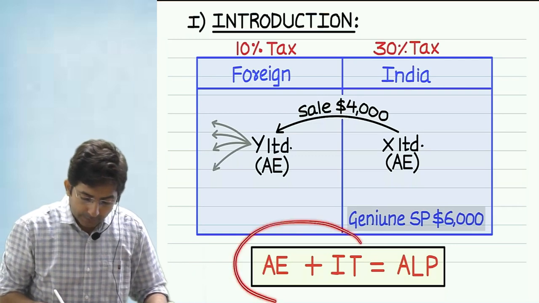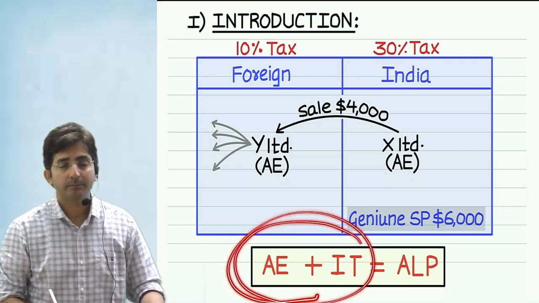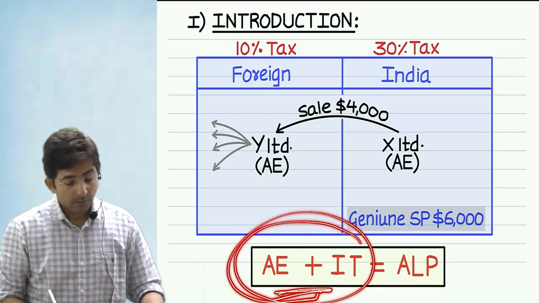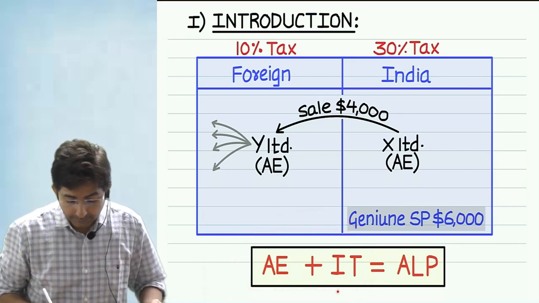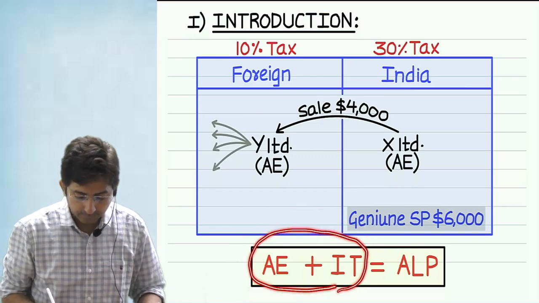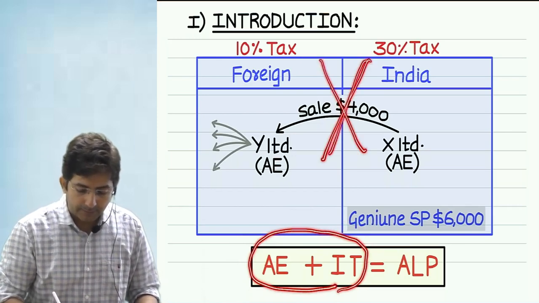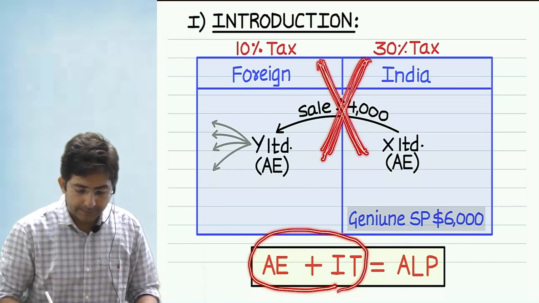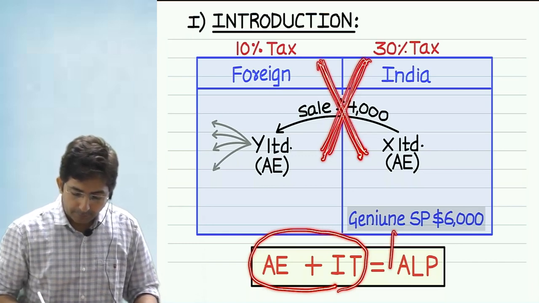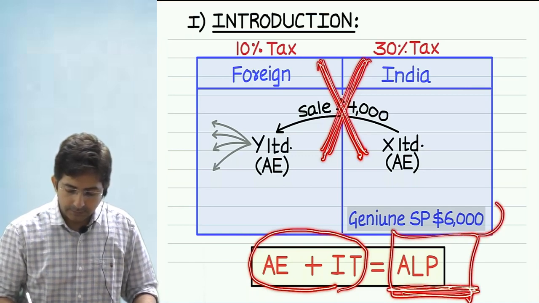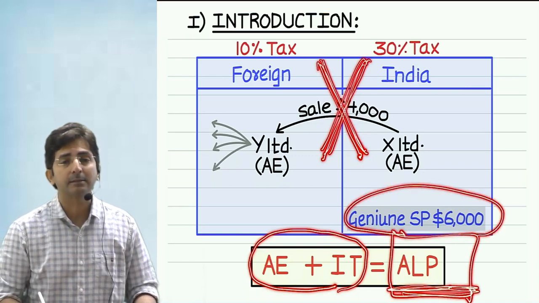If these two conditions are satisfied, then what? Complete my sentence. If these two conditions are satisfied, then the price declared by the assessee will be rejected and the government will rely on arm's length price, which is nothing but the genuine sale price.